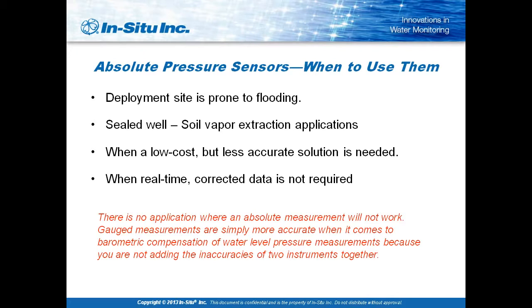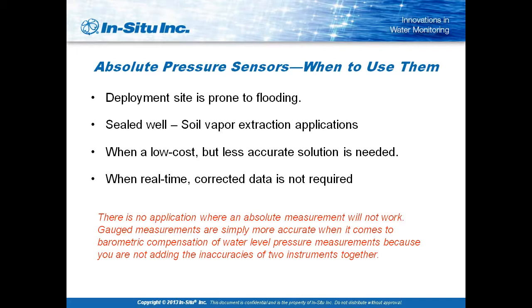Cable is a big cost, and a vented cable is more expensive. As a matter of fact, it's probably about 50 cents a foot more expensive. So you can do a quick calculation, and in this particular case, if we used a gauge sensor with vented cable, it was going to take the project cost up about $21,000.